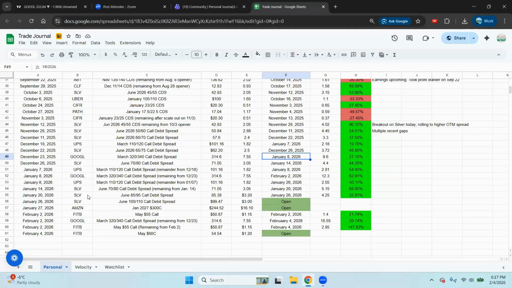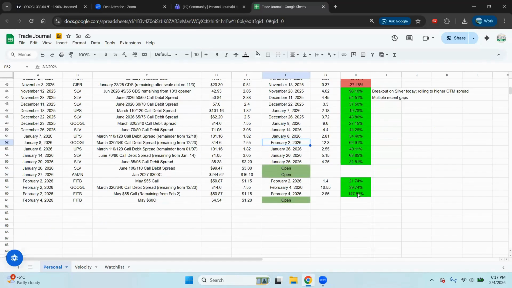Then we had another on Feb 2nd at 62%, and then the final close here. I was thinking about sitting through earnings, but it's gambling. It's not really well thought out trading or investing. So the final portion was 39.7%.